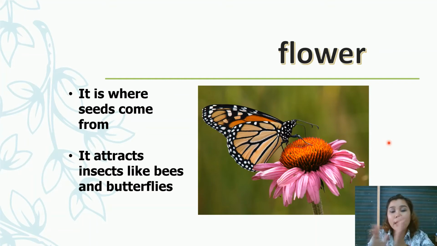Kasi yung paa, just like this butterfly, ang paa ng butterfly parang may dumidikit dyan. When they alight on flowers, may mga dumidikit dyan na pollen. Yung pollen na yon, they are scattered. So, naiiwan yon, and then nakakatulong yun so that more flowers will bloom.